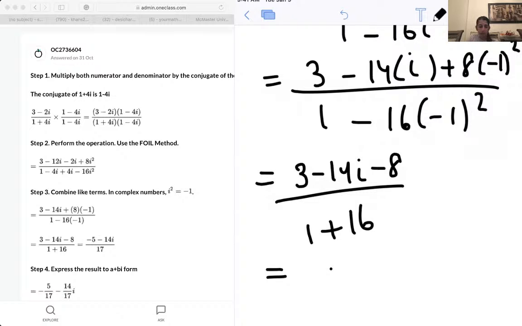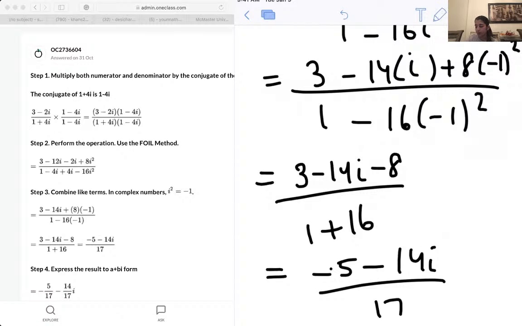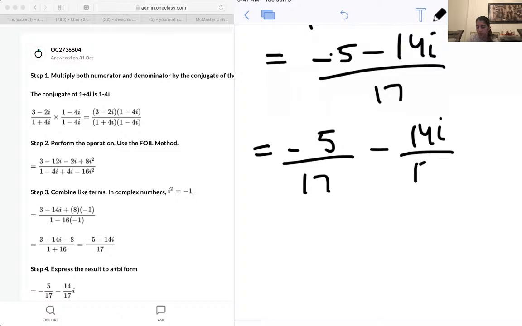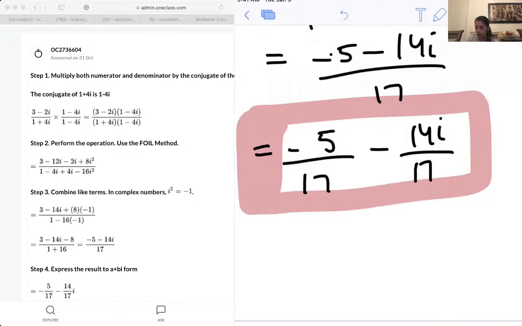So our answer would be negative 5 minus 14i over 17, which can also be written as negative 5 over 17 and negative 14i over 17. And this would be our final answer.